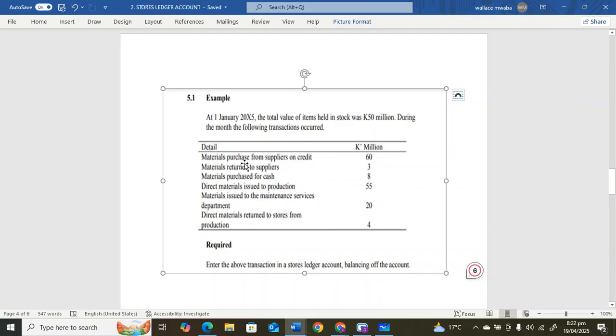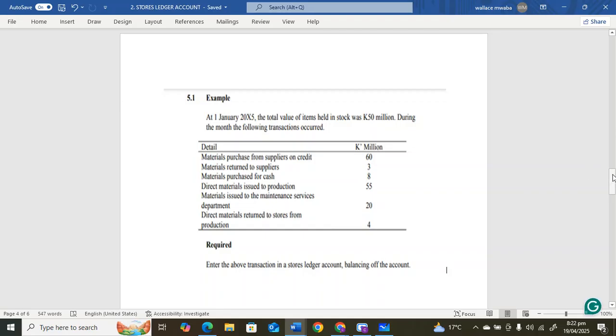We've got each transaction here: materials purchased from suppliers, materials returned, materials purchased for cash, direct materials issued to production, materials issued to maintenance services, and direct materials returned to stores from production. So enter each transaction in the stores account, balancing off the account.